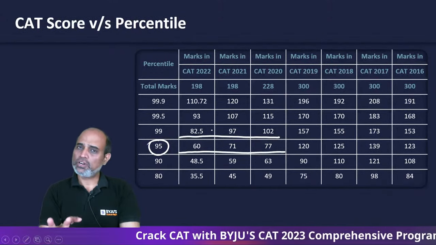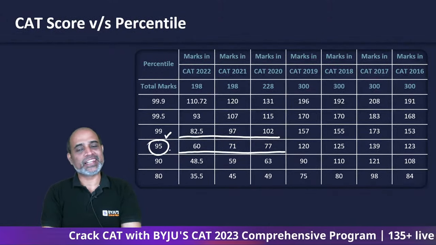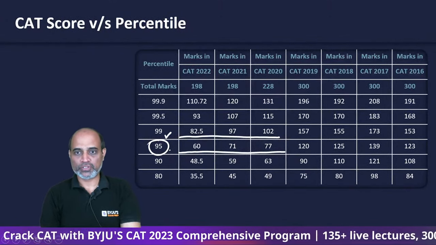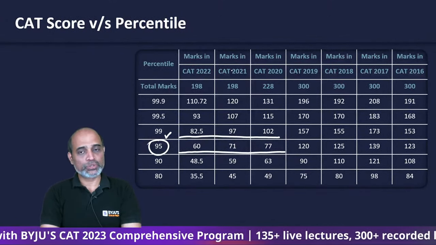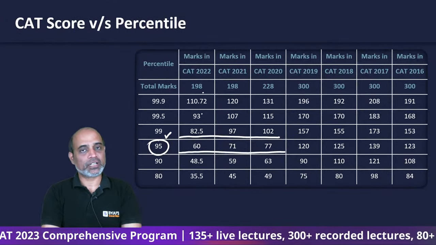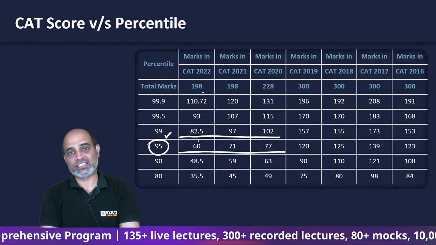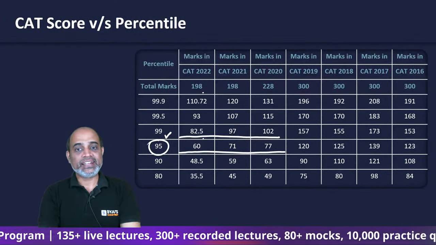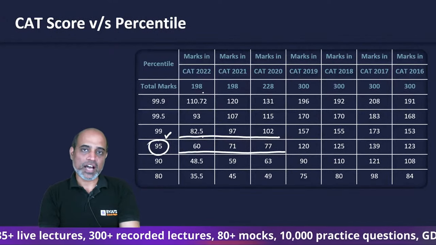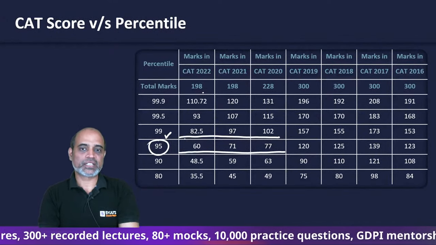Okay? So around half of the marks will fetch you a 99 percentile. Around half. जैसे CAT 2022 जो था, that was 198 marks का. Half of 198 is 99. 99 marks half pay, you will get a 99 percentile.